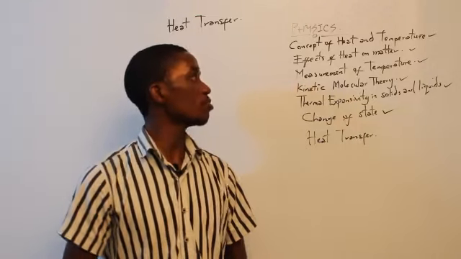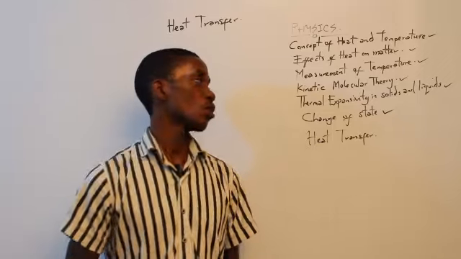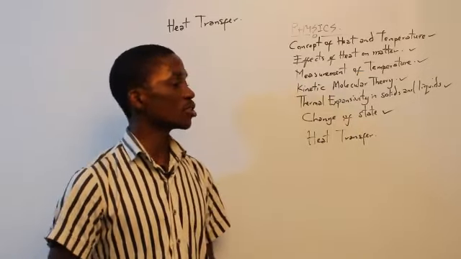We also discussed the effects of heat on matter: chemical change, change in physical properties, change in state of matter, and also expansion of matter. We discussed how to measure temperature, and we mentioned that temperature is measured using thermometers of different kinds, which are developed based on the thermometric properties that they have.